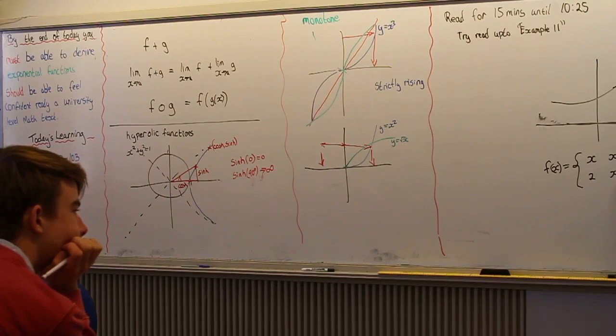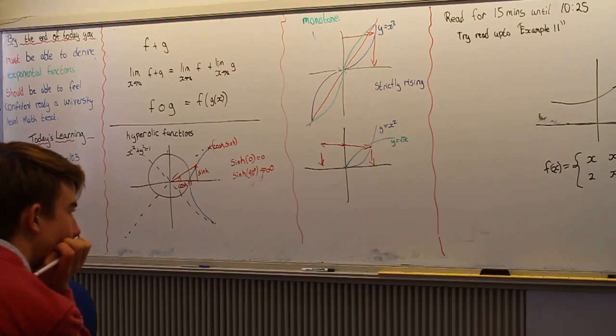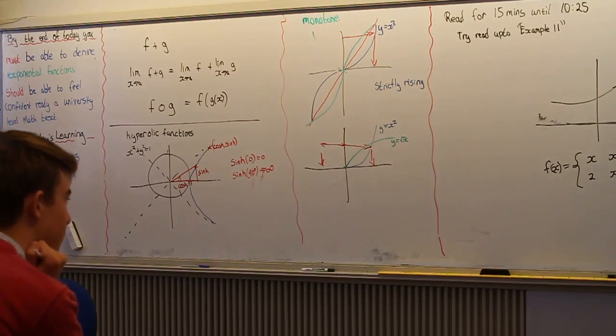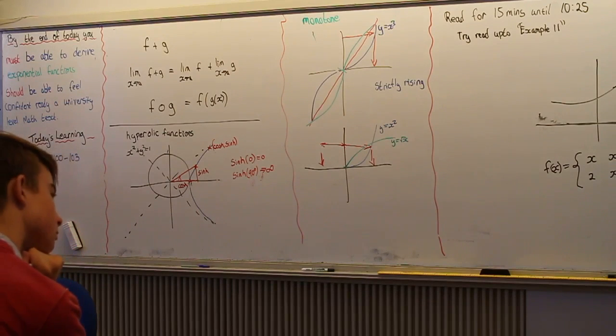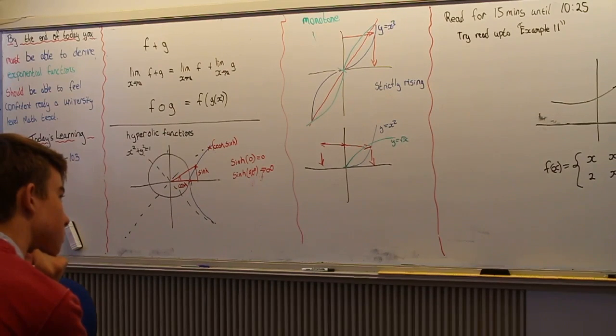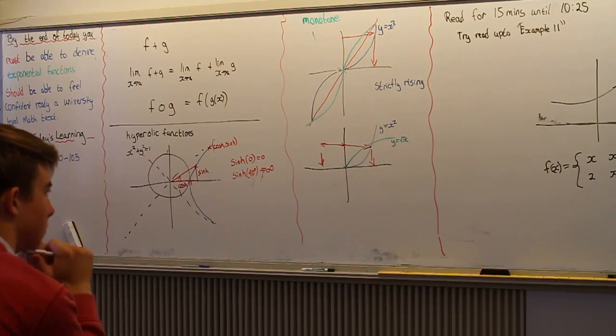So the limit value of this function, when I determine the limit as x approaches 1 of f of x, the answer is 1. Then f of 1, the answer is 2. That's what this means.